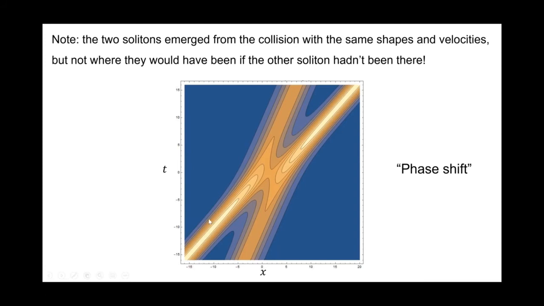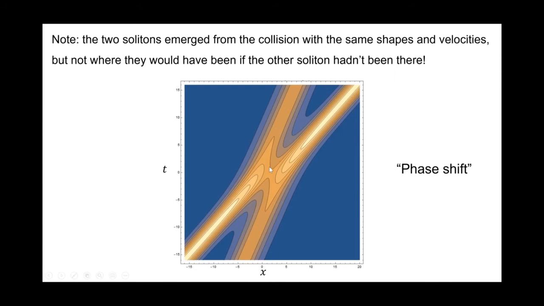So in particular, we see that this is the trajectory of the faster soliton, and this is the trajectory of the slower soliton. So here we are at early times before the collision, and the faster soliton gets closer to the slower soliton. Then there is this collision, and afterwards the faster soliton emerges ahead of the slower soliton.